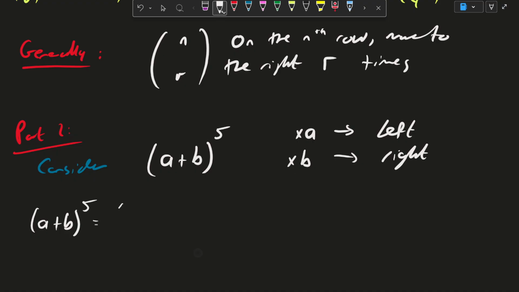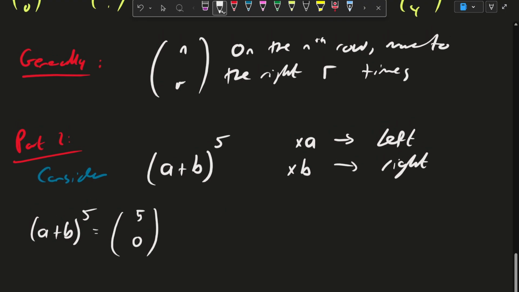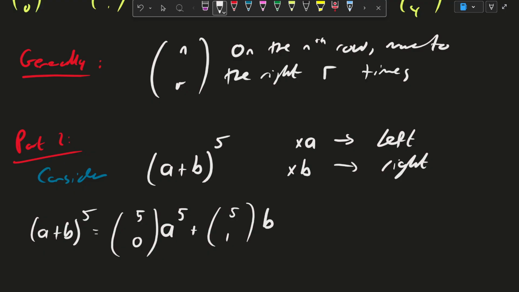the first case would be to consider that we managed to get down to the 5th row, but we don't move to the right at all. So that means we're going to be multiplying by a a total of 5 times. Adding on to that, we now consider the next peg over. If we move to the right once, then we have 1 movement to the right, but only 4 movements to the left.